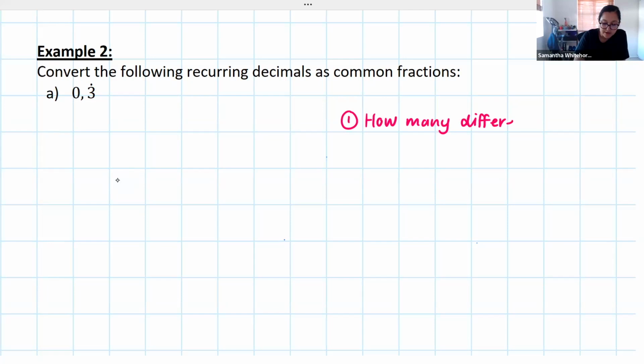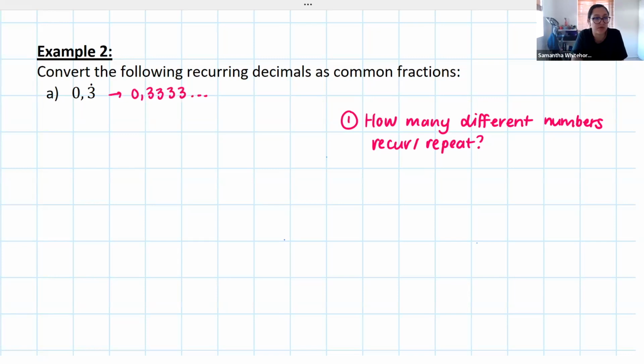Maybe I should be clearer: how many different numbers recur or repeat. In this case, it's only one. If we wrote this out as a recurring decimal, we would have 0,33333, etc. So I only have one number that's repeating. It's 3.